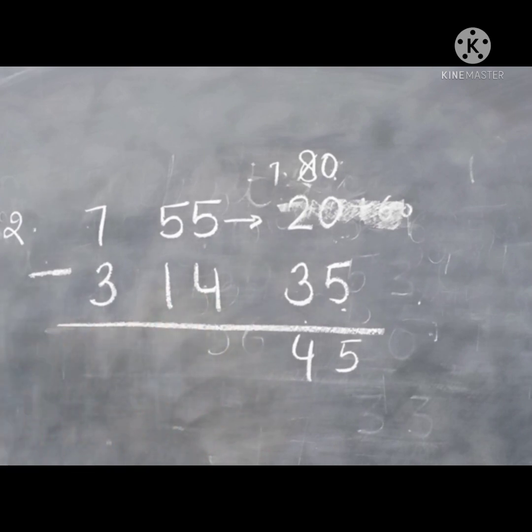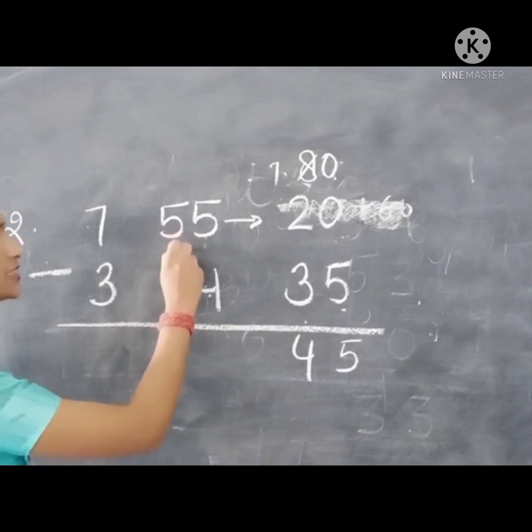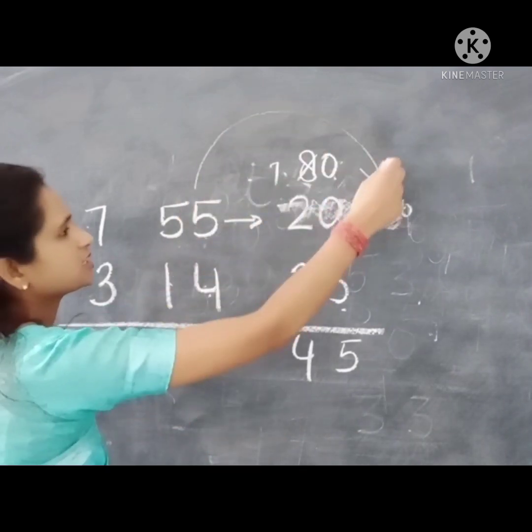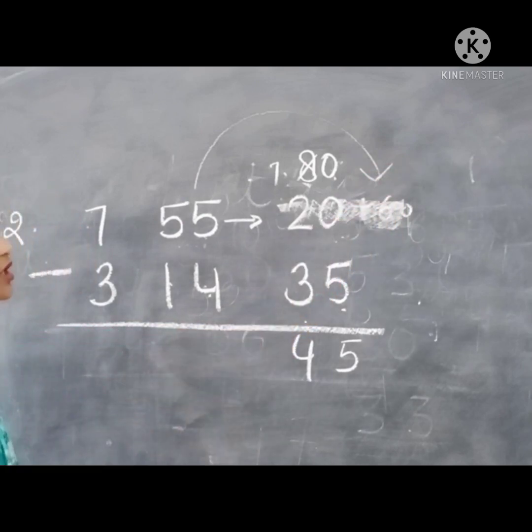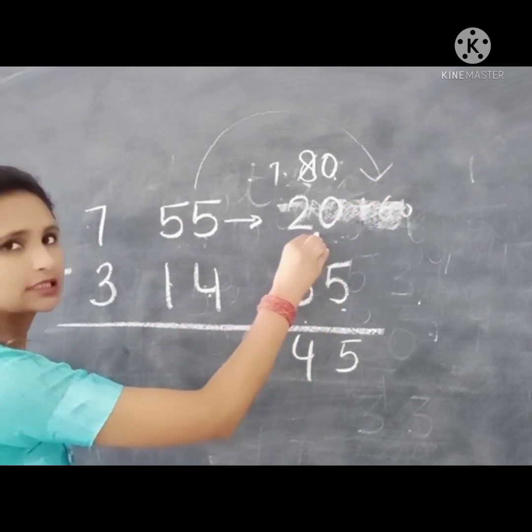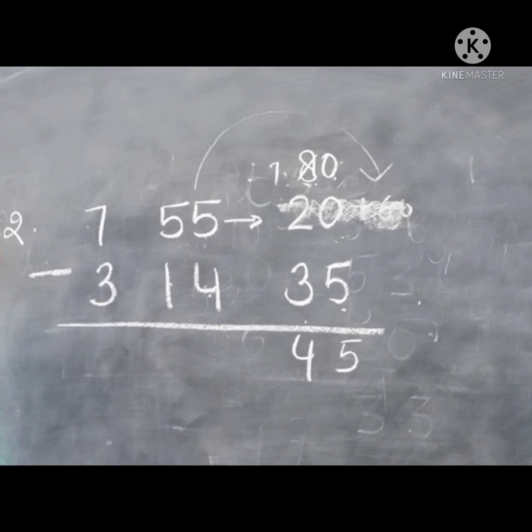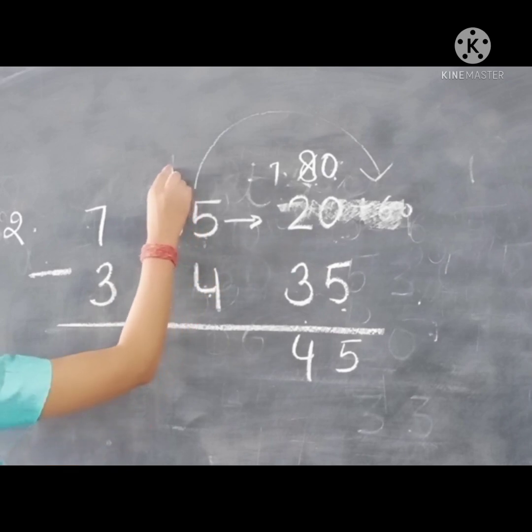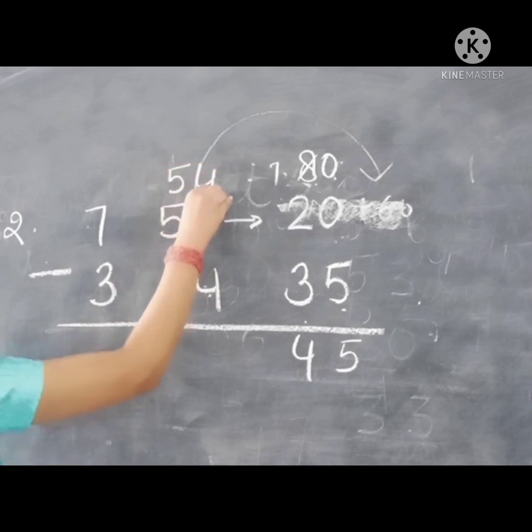Now move to this. This 55 has given 60 seconds to this, so it has become 80. Now we have to subtract 1 from it. 55 minus 1 is 54.